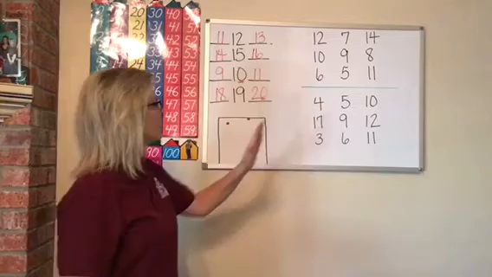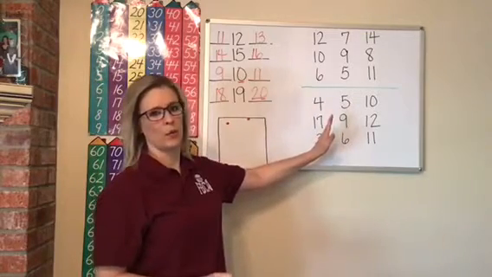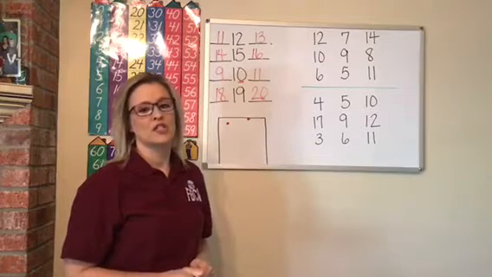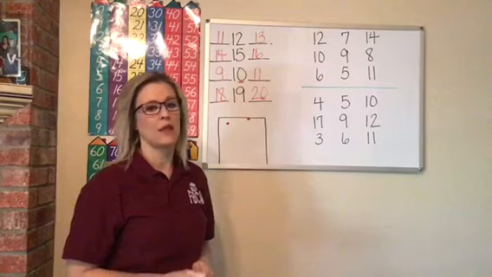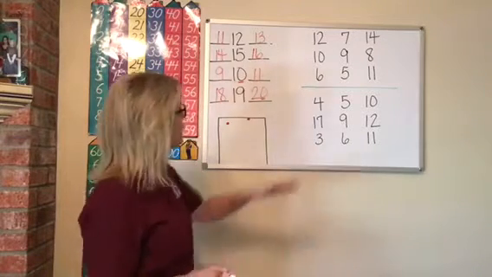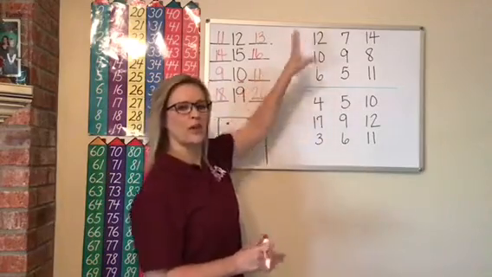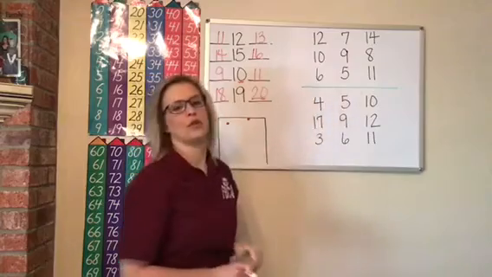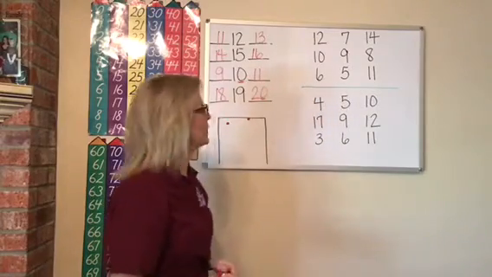Okay. Now we're going to come over on this side of our board. And we have to circle the number that is smallest and the number that is largest. Okay? So this top half, we're going to switch them. And we're going to do the largest this time on the top. And the bottom, we're going to do the smallest. Okay, you ready?